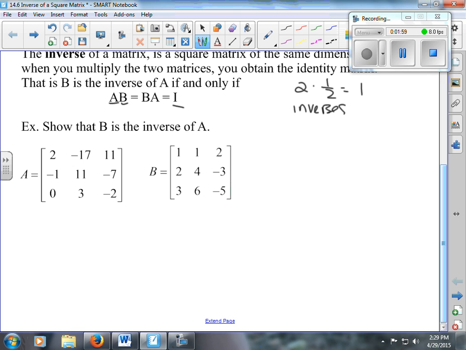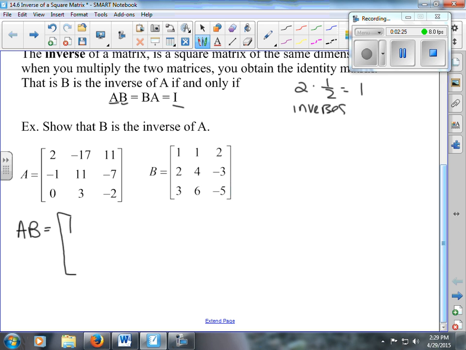I have here an example of two 3 by 3 matrices, and I'm claiming that these are inverse matrices. To show that, I'm going to do A times B and see what I get. Row 1 times column 1: 2 minus 34 plus 33. So that would be 2 minus 1, which is 1.